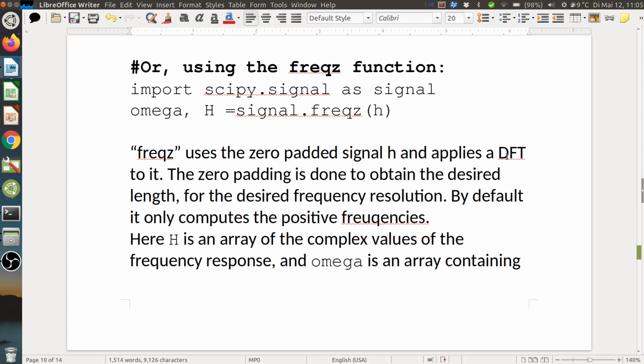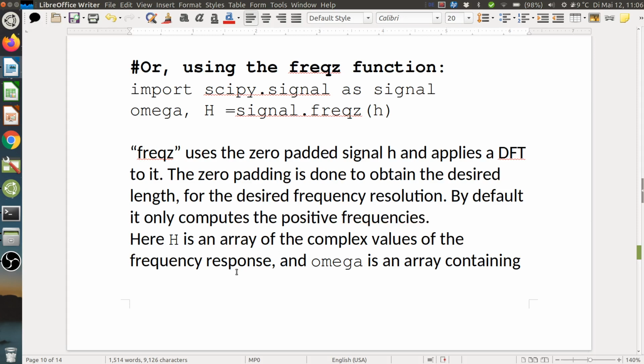Right, and in this case we want to have 512 samples between 0 and pi. That means the DFT needs to be of length 1024 because it covers the entire frequency range between 0 and 2 pi. So that means we need to zero pad our signal h such that we get an array of length 1024. So that's actually what's done inside freqz, for the desired frequency resolution. By default, it only computes the positive frequencies.